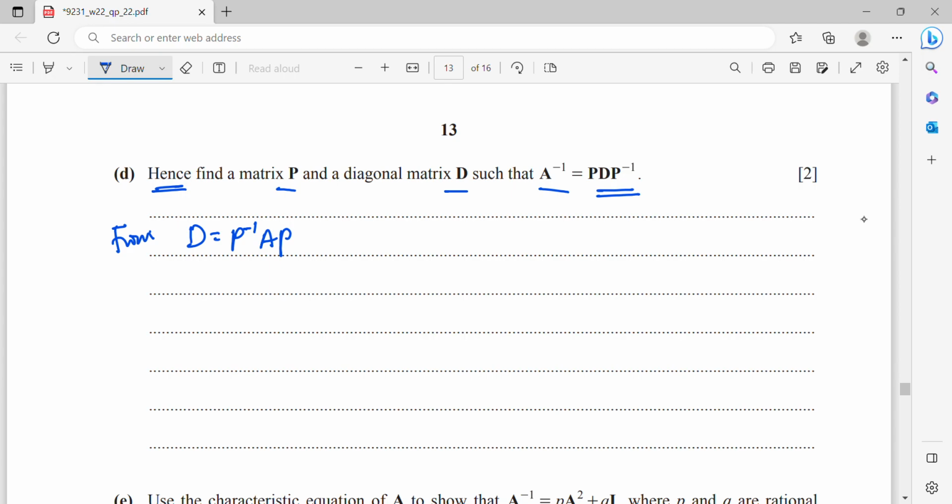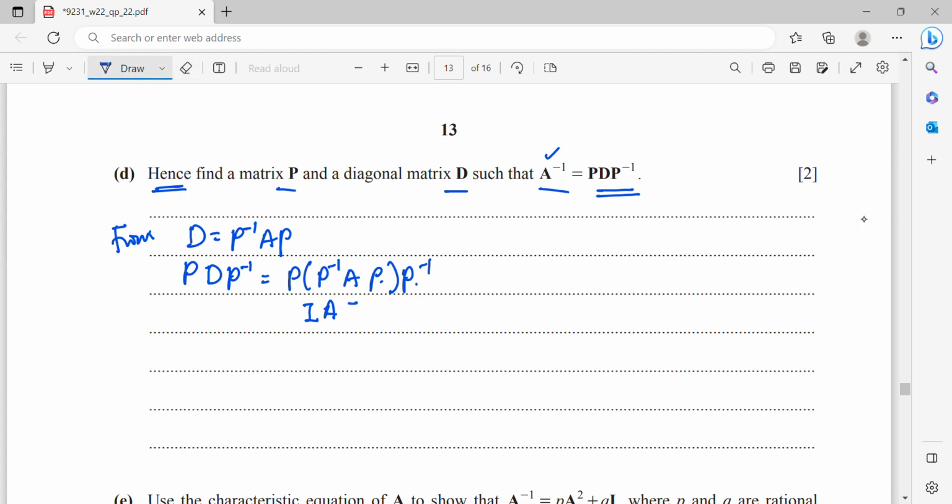So from here, if you need to get A as the subject, we need to multiply the P and the P inverse, one front, one back. Then here P will be P inverse AP, then P inverse. So that the P inverse is I, then AP inverse is another I.